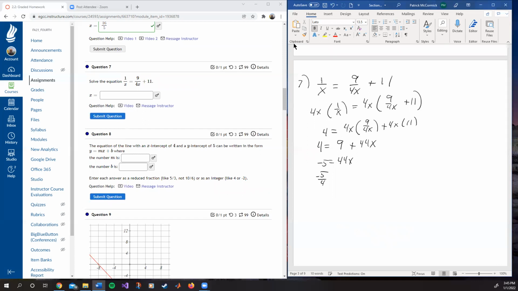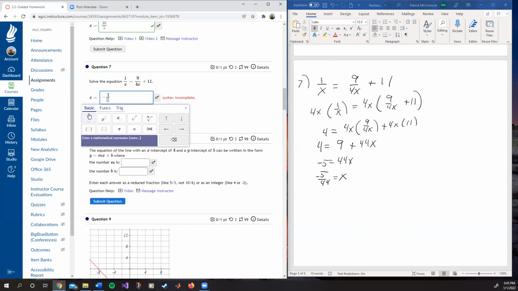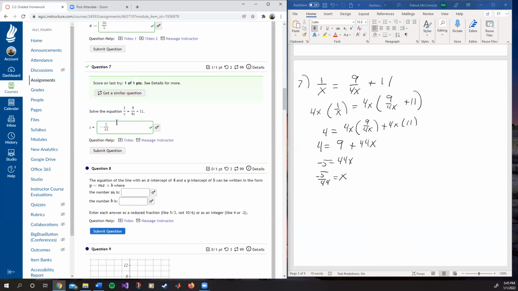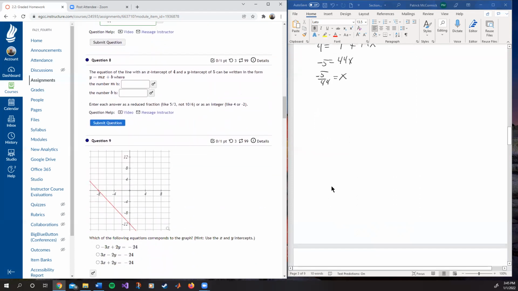So -5 over 44 equals x. Now, it doesn't matter if the x is on the right? No, right? Same idea. So our answer is -5 over 44. There we go.